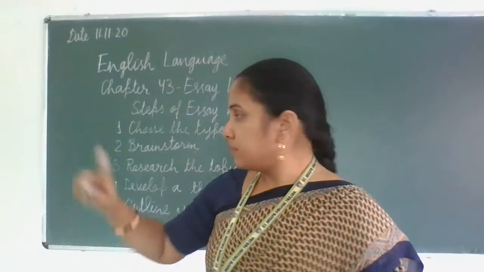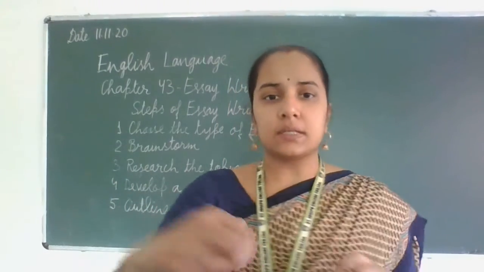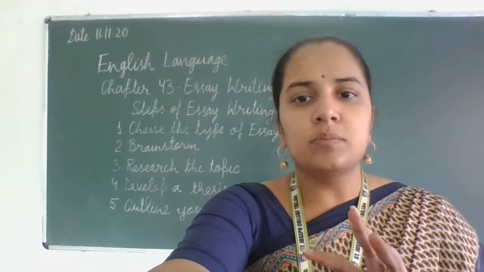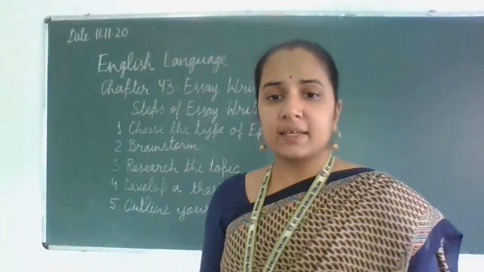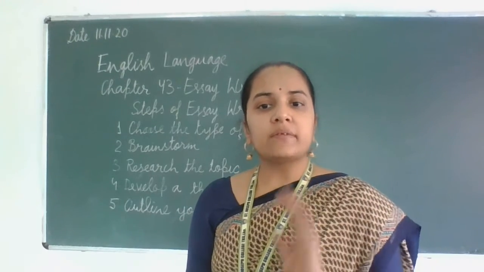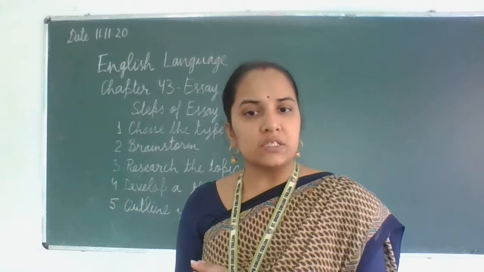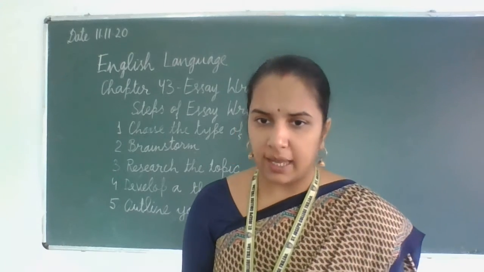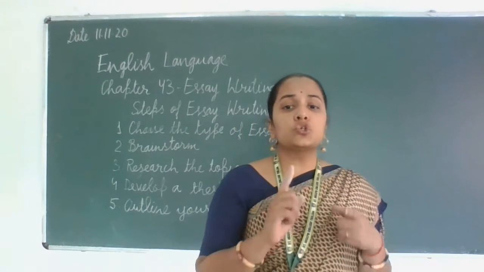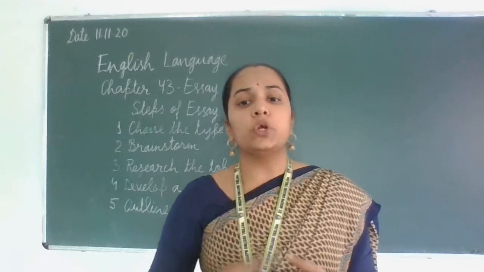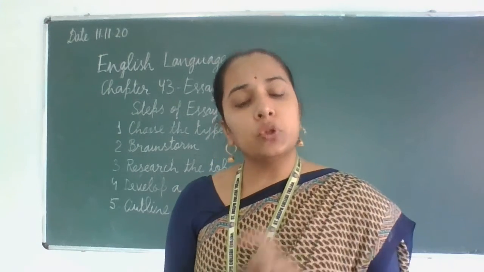Before this, in develop a thesis, you developed a line around which your essay will move. Now outline the essay means start by writing the thesis statement at the top and then write a topic sentence for each paragraph below that. This means you should know exactly what each paragraph is going to be about before you write them.